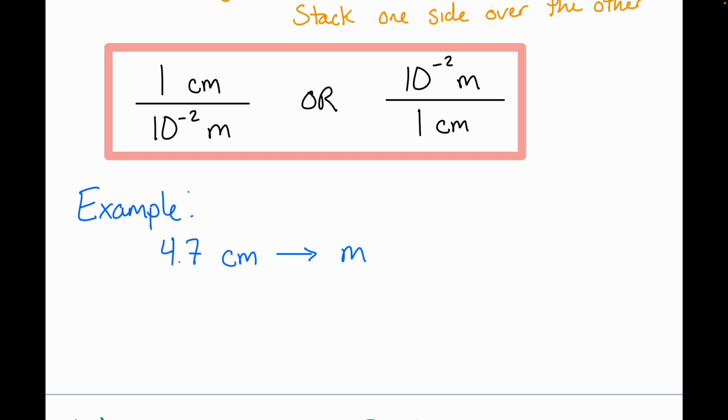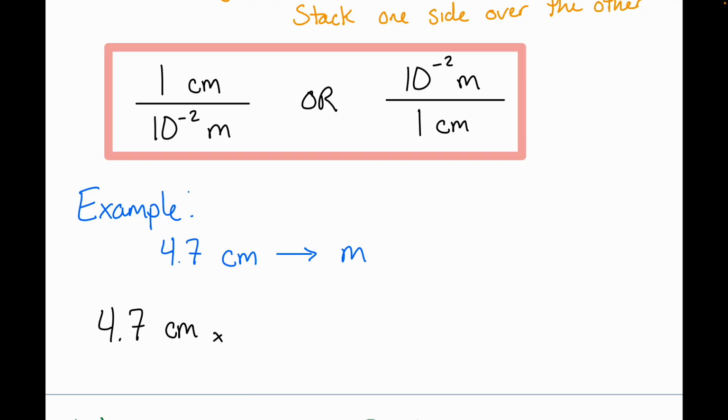How are we going to do our conversion here? We're going to start with what's given. What's given is this initial measurement of 4.7 centimeters. So that's what we're going to start our math with: 4.7 centimeters. And now I'm going to multiply by one of these conversion factors, right there, in order to do this conversion.